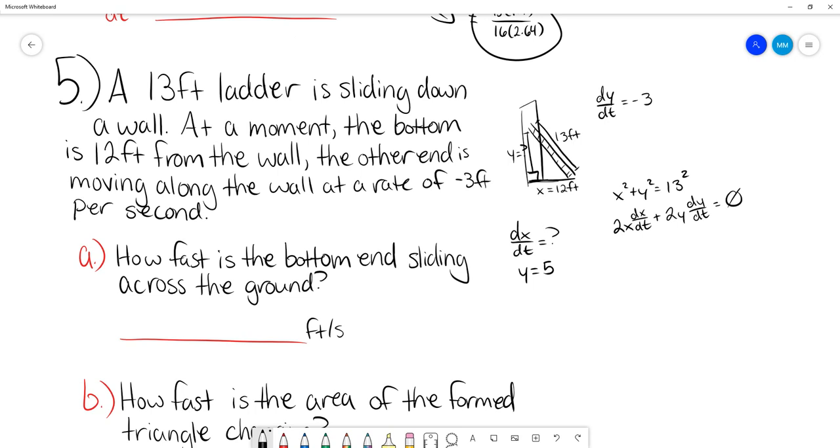So this is what we've got here. And luckily for us, we have very few unknowns. We know our x, we know our y now, we know our dy dt, we only don't know dx dt, which is what we're solving for, so that's perfect. So let's solve the equation in terms of x and y. It's going to be 2x dx dt equals, I'm going to subtract this from both sides, equals -2y dy dt.